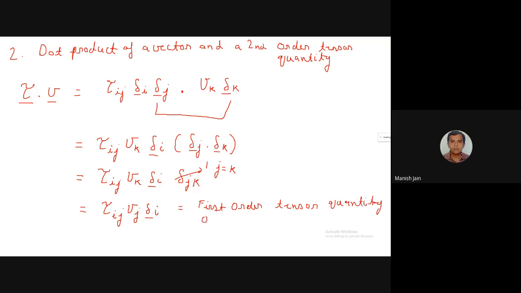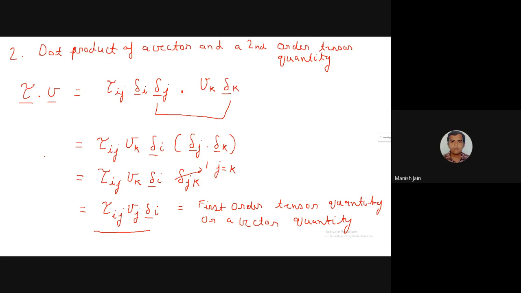So basically you will find this operation in the real world because vector quantities are present in the real world. So you will find tau dot v in several operations. In the equation of motion you will find tau dot v.